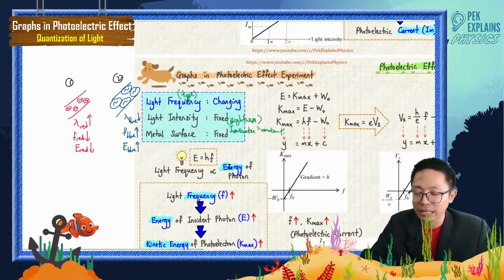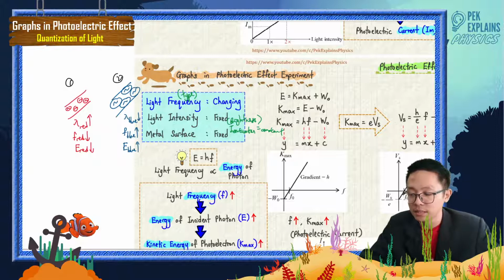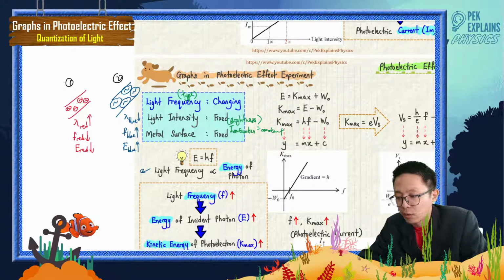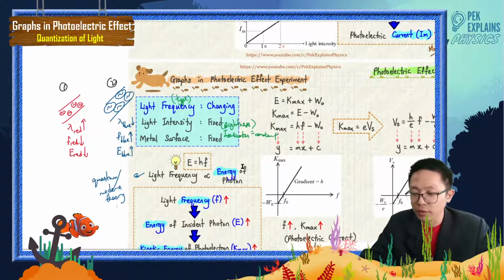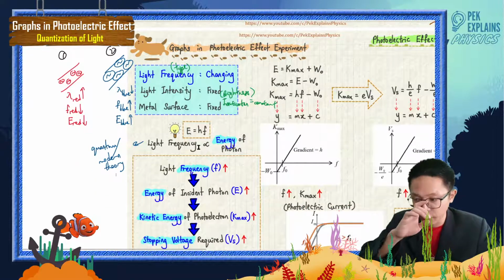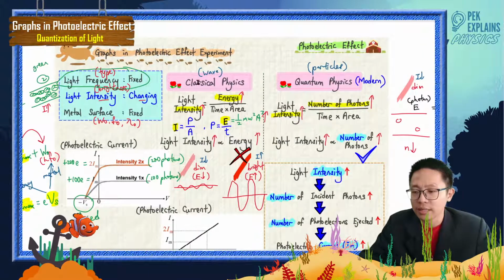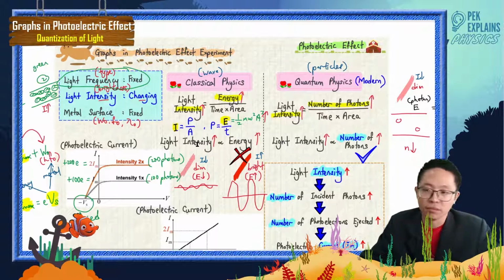So now we are talking about the energy of photon. This is about quantum theory, the modern theory. If we are not talking about classical physics, classical physics says the energy of the photon depends on light intensity, which is wrong, which doesn't happen.